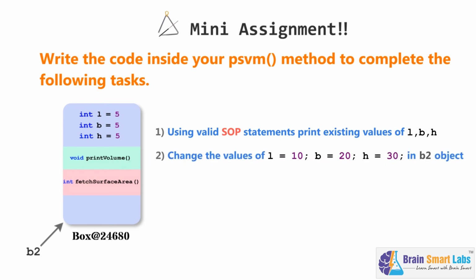Change the values of LBH to L is equal to 10, B is equal to 20 and H is equal to 30, and after this, using valid SOP statements, print the values of LBH of our b2 object to verify whether the values have actually changed or not.